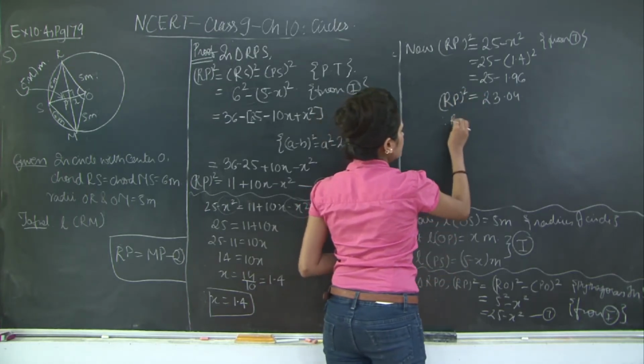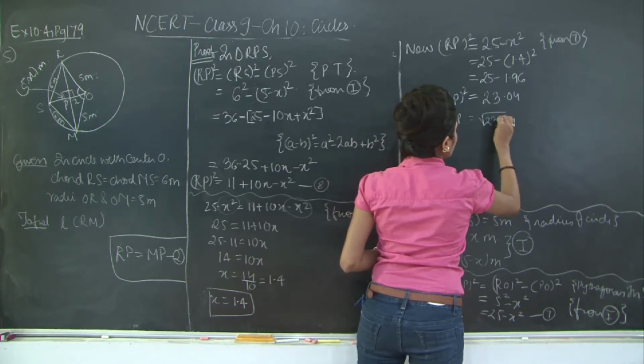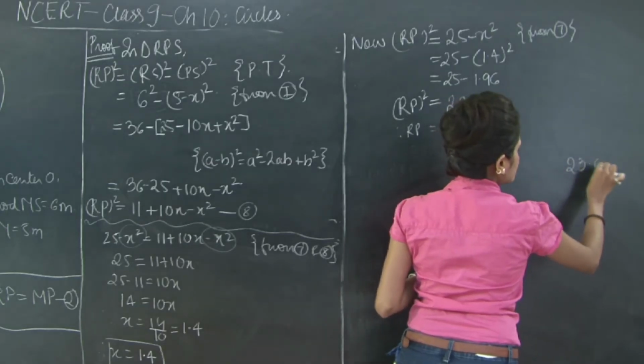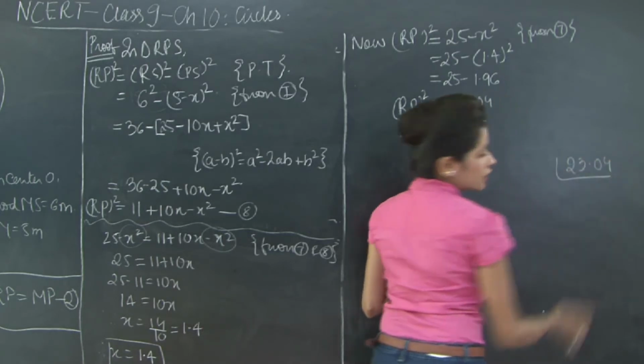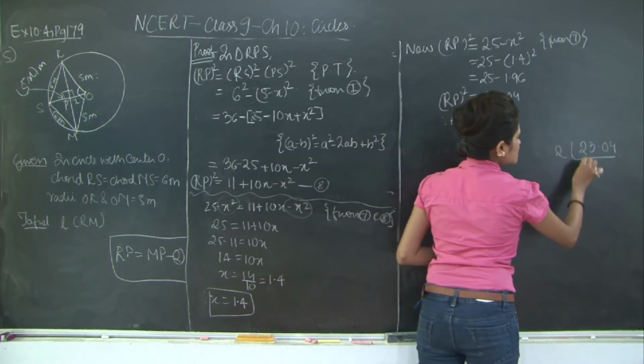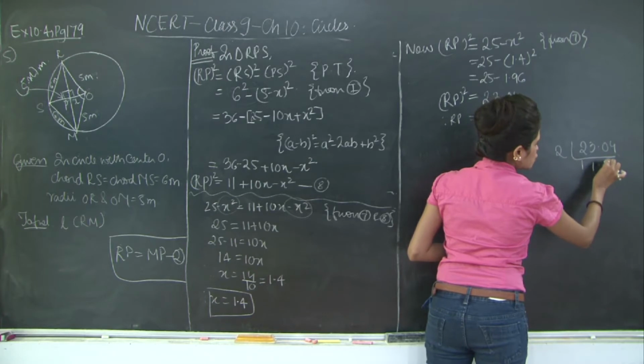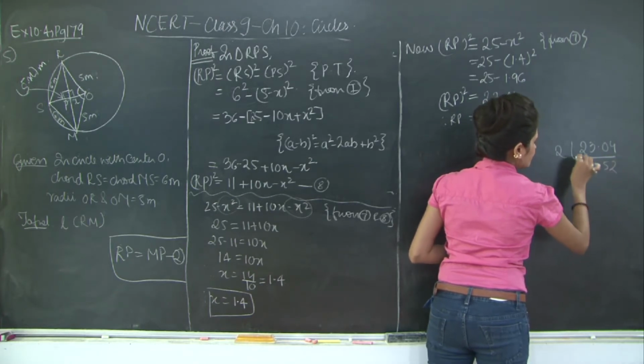Therefore, Rp is the square root of 23.04. I am going to take 23.04 out here and find the square root using LCM. So, 2 ones are 2, 2 ones are 2, then 2 5s are 10, 2 2s are 4.